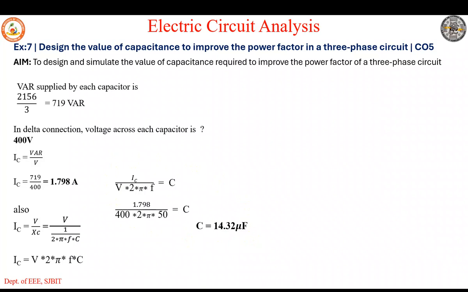Thus, we have to take the voltage as phase voltage, that is 230.94, and the value of capacitance is 49.5896 microfarads. So this is the value of capacitance for three phase, and this is the value for single phase. We'll solve both and see the same in simulation.